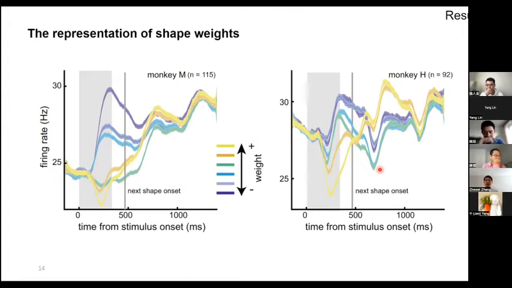We found that in both monkeys, the LIP neuron responses transiently increase when the weight was negative, and decrease when the weight was positive. All these lines merge together about 1 second after the shift onset.